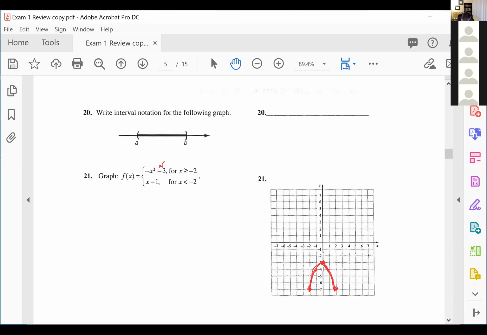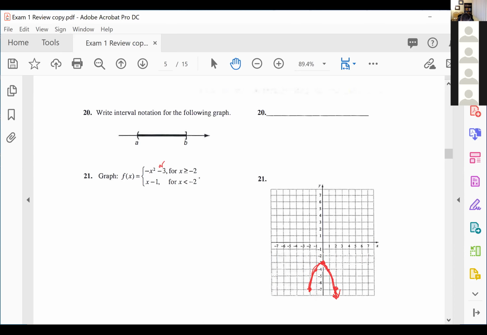And that's for if x is greater than or equal to negative 2. If it's less than negative 2, then we just have a line.